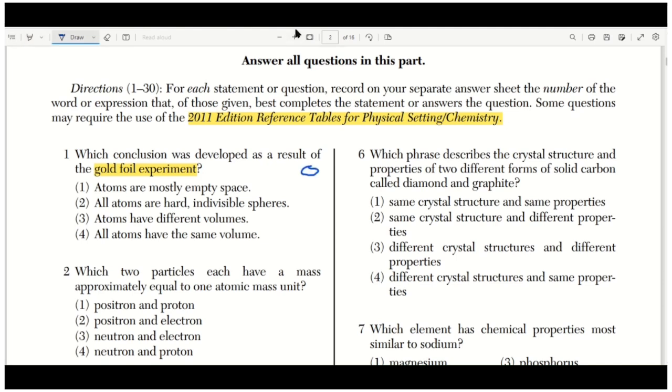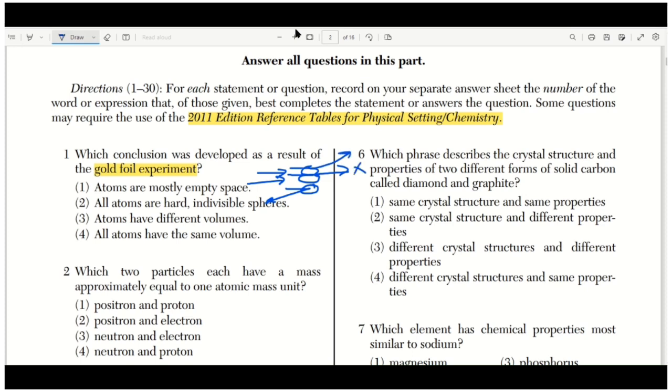So we had gold foil with atoms, and then alpha particles were directed at the gold foil. Most of the alpha particles passed directly through the gold foil. Some bounced almost completely back, and some were deflected at other angles.